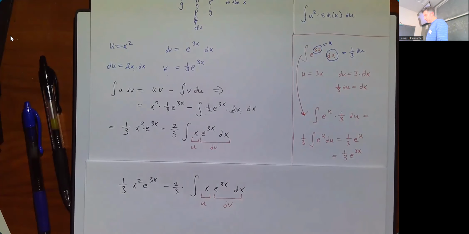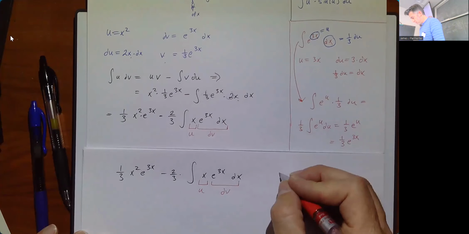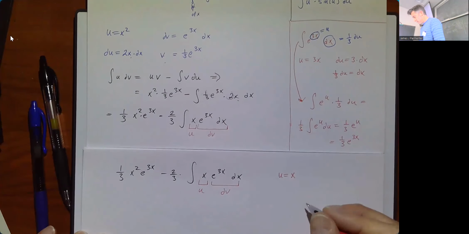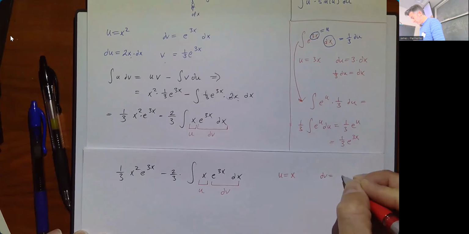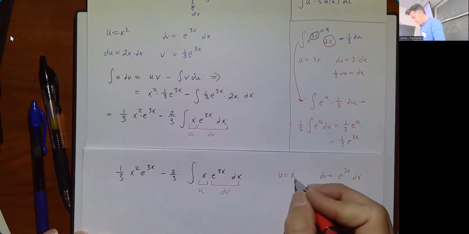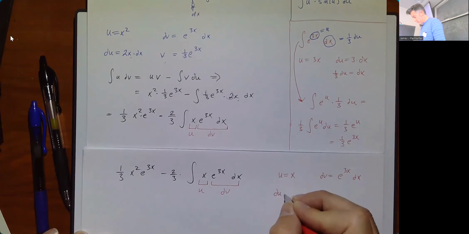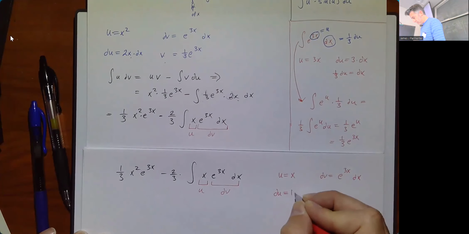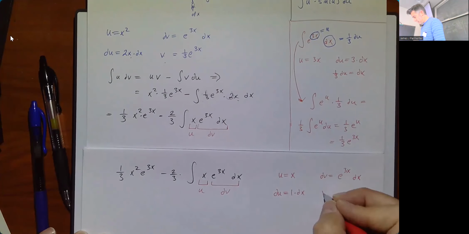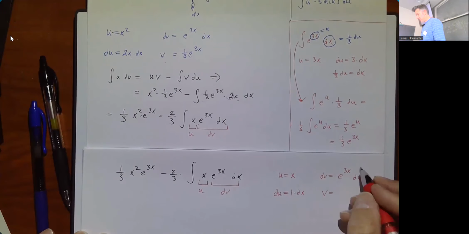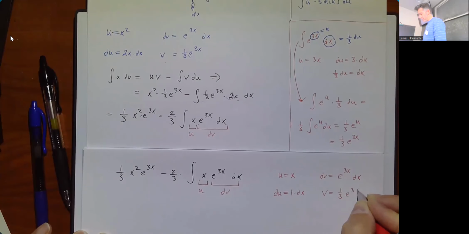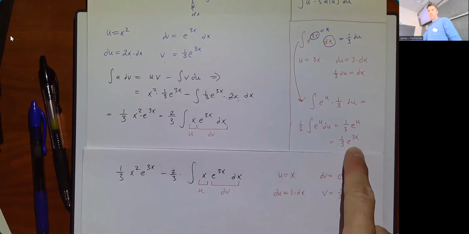So similar choices here. Our u is going to equal x. Our dv is going to be just like it was before, e to the 3x times dx. Our du is equal to the derivative of x times dx. And our v is once again the antiderivative of e to the 3x, which is 1/3 e to the 3x, for the same reason it was over here.